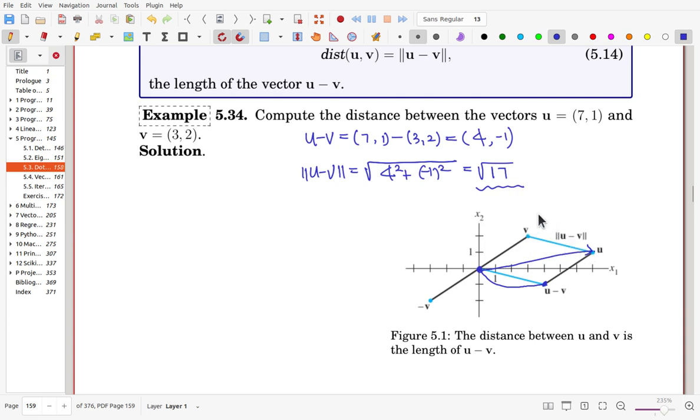So the distance between two vectors is really the distance between two vectors.